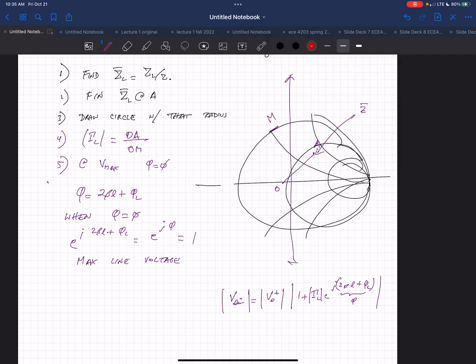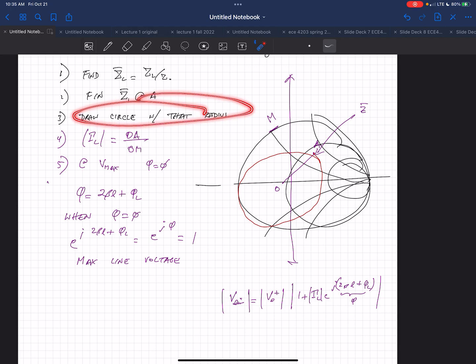When phi goes to 0, you've drawn this circle here at this point. That's a circle centered around 0. The magnitude is the reflection coefficient, and where you are along the circle is how far you've moved away from the load from a starting point.